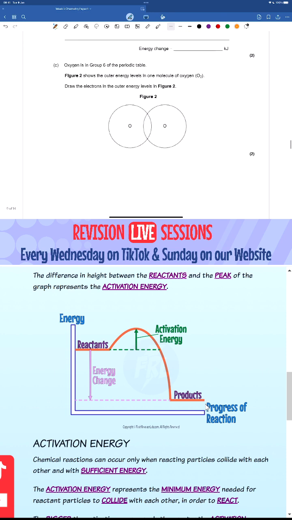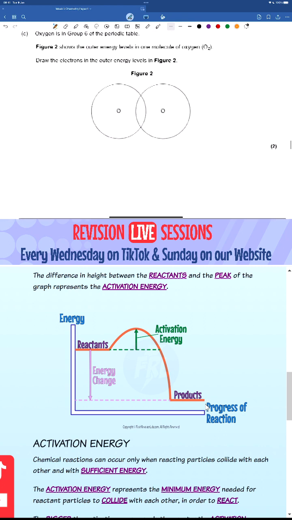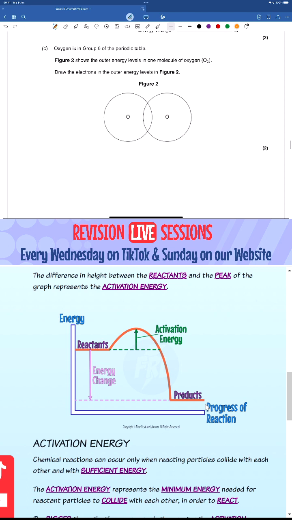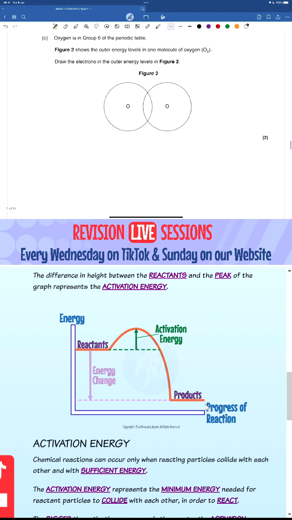Okay, on to the next one. So this question I think we went through on Sunday live as well. So those of you who came to that, you're going to recognize this question. So this is another covalent bond. Remember, covalent bond is when you share electrons like this. We got oxygen. It's in group 6 of the periodic table. So that means both of these oxygen atoms have 6 electrons.